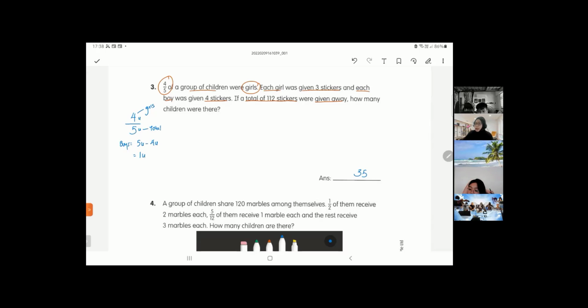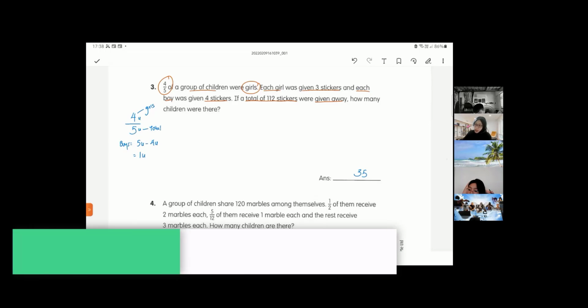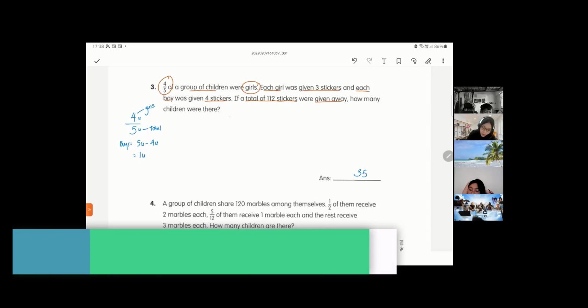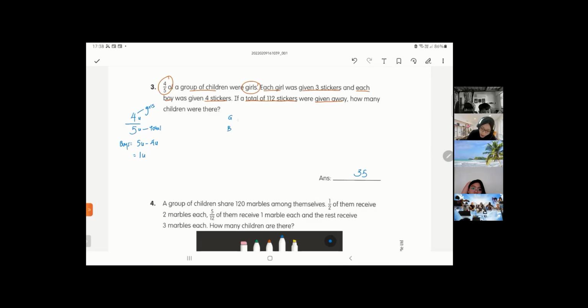So what happened here? The children were divided into equal groups, okay? And then each group will have 4 girls and 1 boy. So example. So if I draw my model, girls and boys, in one group, there will be 4 girls. The girls, I'm representing them as model, but take it like these are 4 girls and 1 boy in one group. This is in one group, okay?